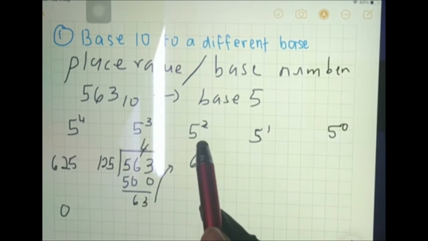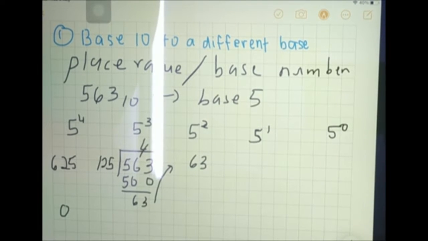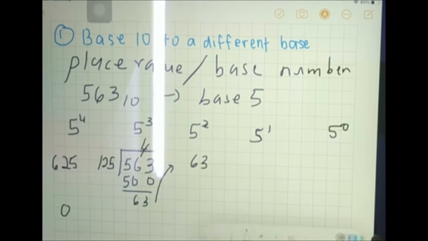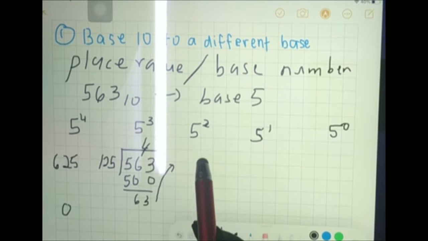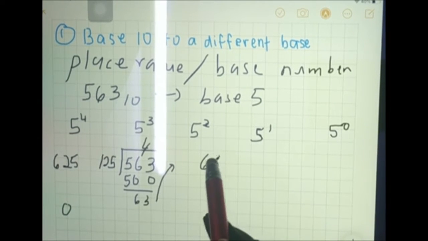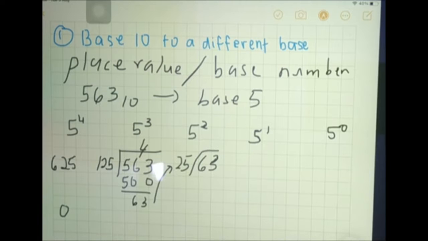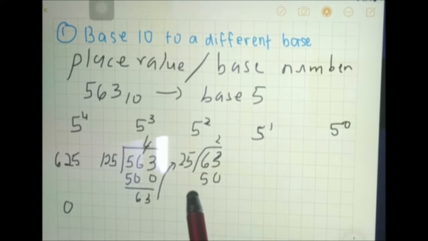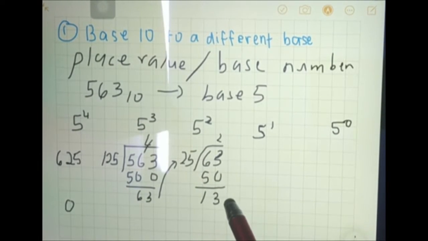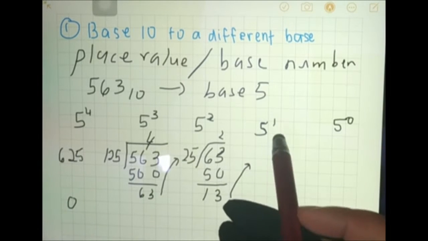And we divide it with 5 to the power of 2. 5 to the power of 2 is 25. 63, we bring it to the next one and divide it with the place value, which is 25. 25 times 2 is 50, and we will get 13. 13, we bring it to the next place value to be divided by the respective place value.